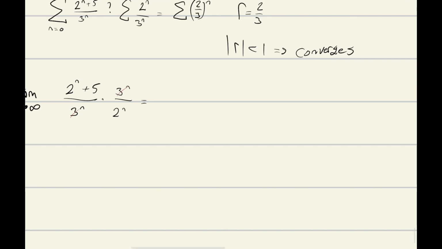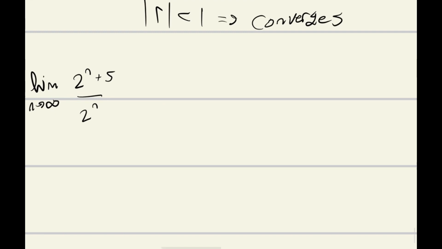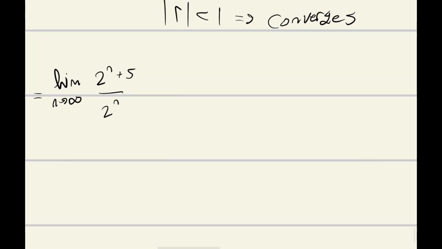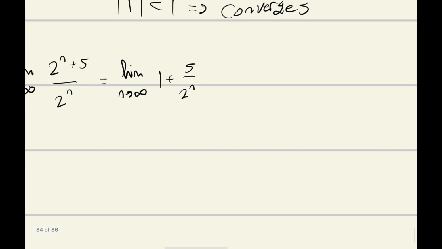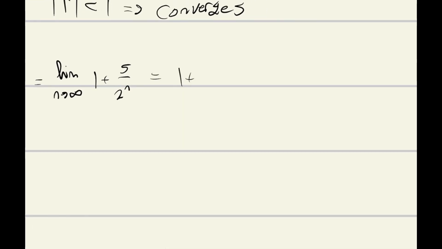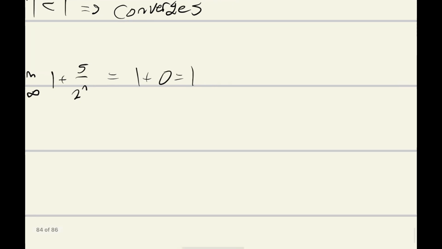So we'd be left with the limit as n goes to infinity of (2^n + 5)/2^n. And if we divide both sides by 2^n, we'd get the limit as n goes to infinity of 1 + 5/2^n, which is equal to 1 + 0, which is equal to 1.